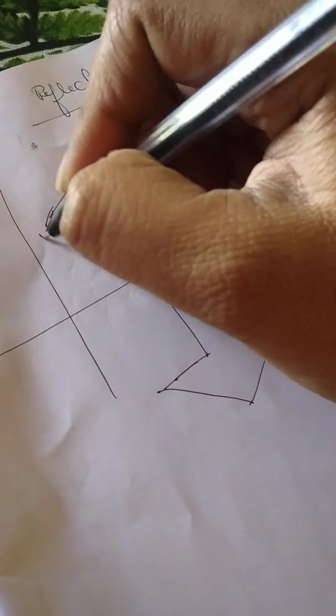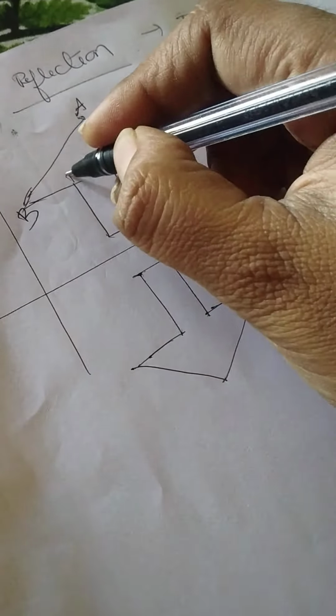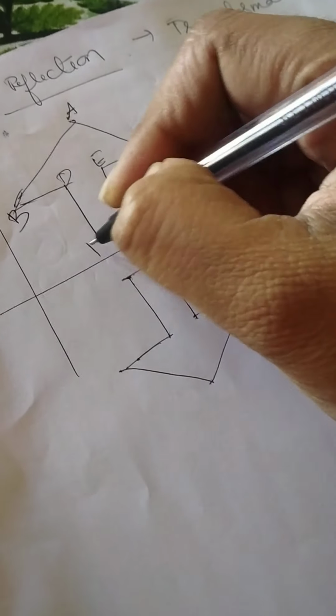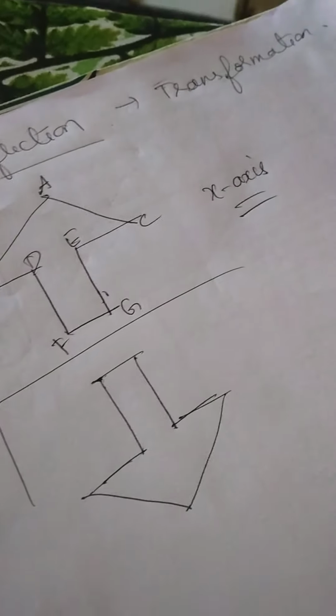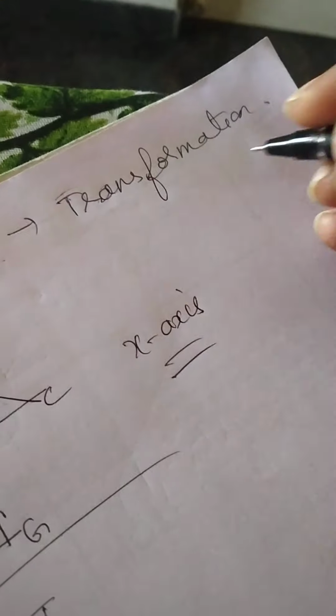It is represented as A, B, C, D, E, F and G, and the points are represented in this way.